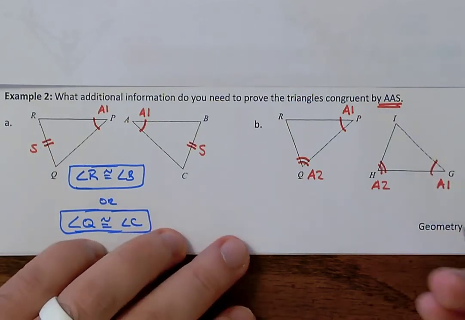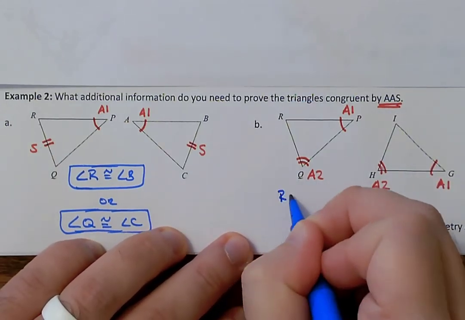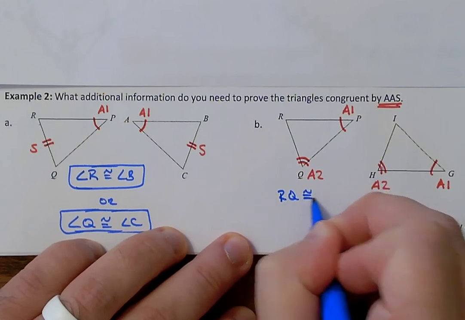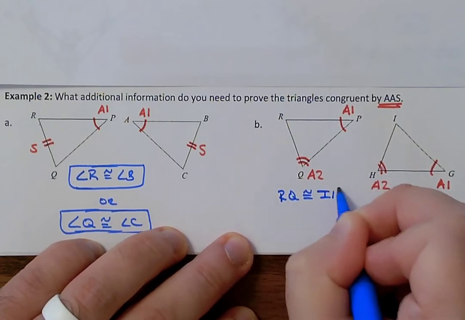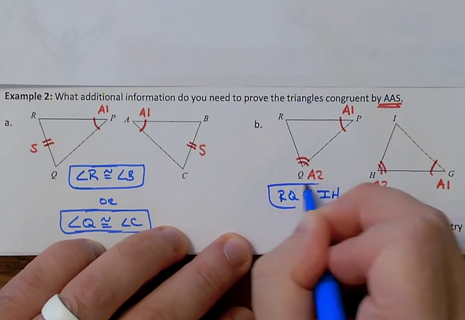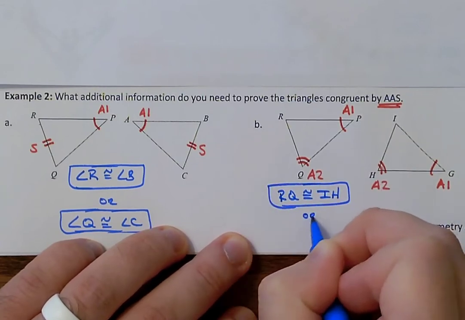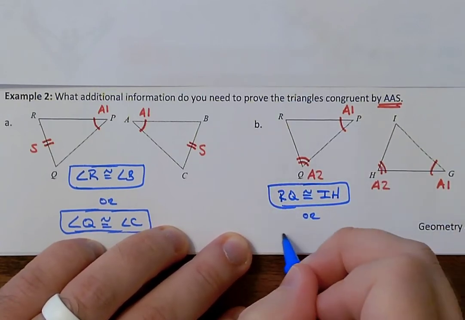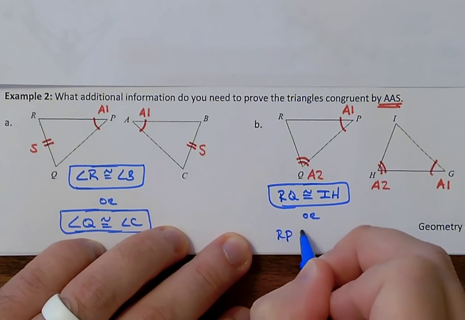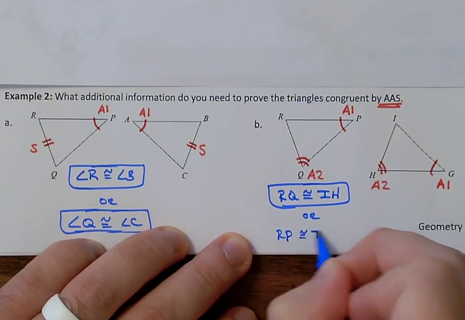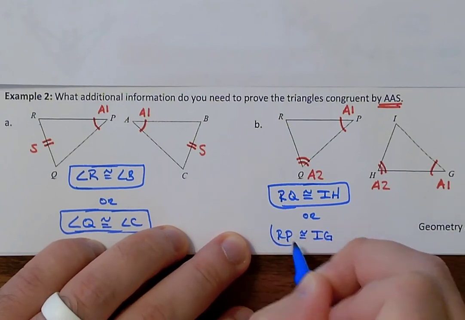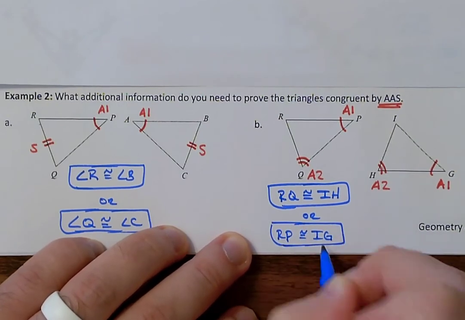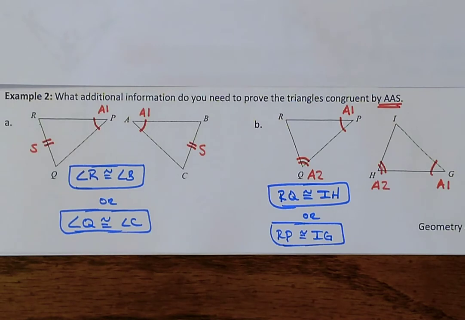So I have two options for this one as well. I can say RQ is congruent to IH, or I can say that RP is congruent to IG. Both of those would be an appropriate answer for part B.